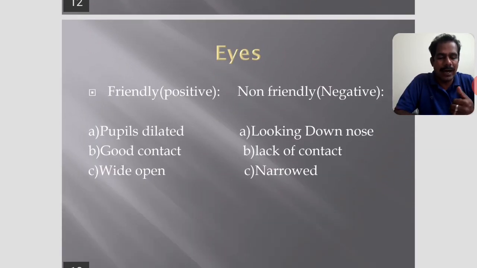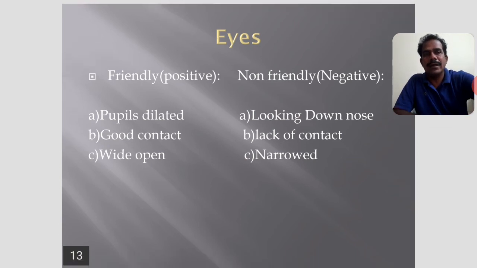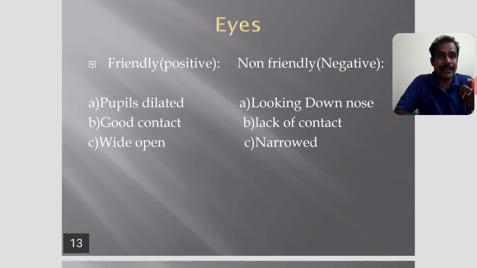Coming to eyes, we can express a lot of communication through eyes. Eyes are very powerful. We can express friendly, positive feelings through eyes. Pupils dilated, we have to see.